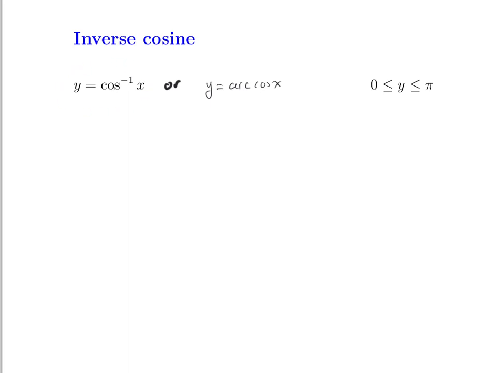Now remember, for cosine, if we go to all students take calculus, cosine is positive in the first quadrant and negative in the second and third. So if it is positive, we're going to pick the first quadrant. If it's negative, we're going to use the second quadrant in order to make it a one-to-one function, and this is how we end up with this.